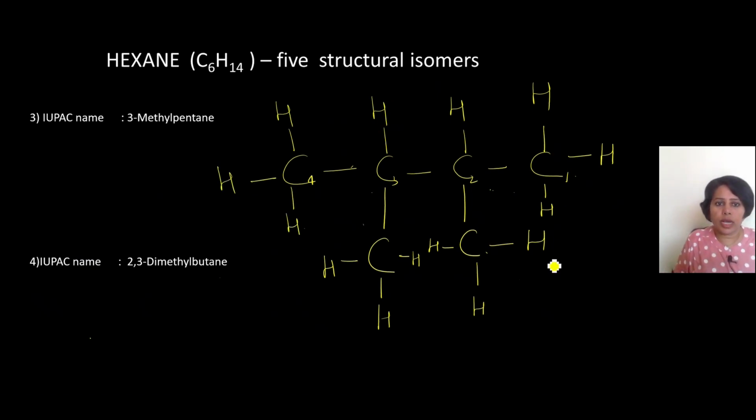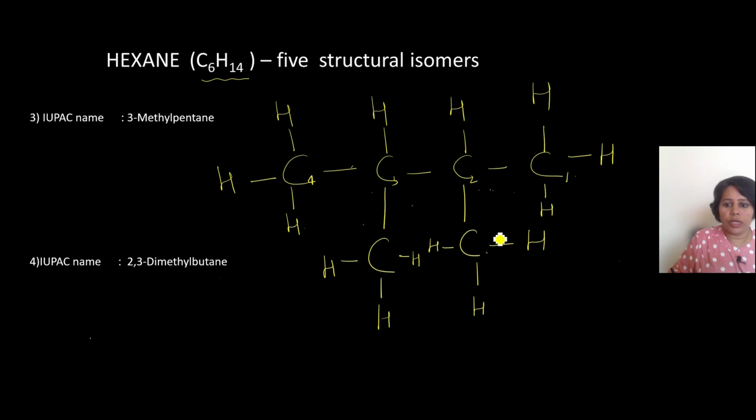So we have 6 carbon and 14 hydrogen. So molecular formula is same, but structural formula is different. And the naming of this compound is 2,3-dimethyl butane, because the longest carbon chain is 4, so butane, and C-C linkage is single bond, so alkane.